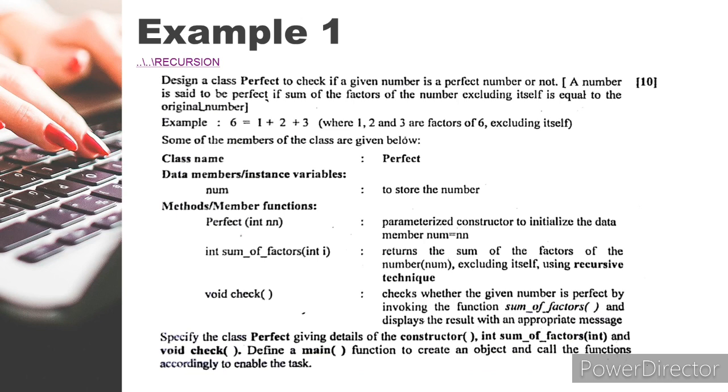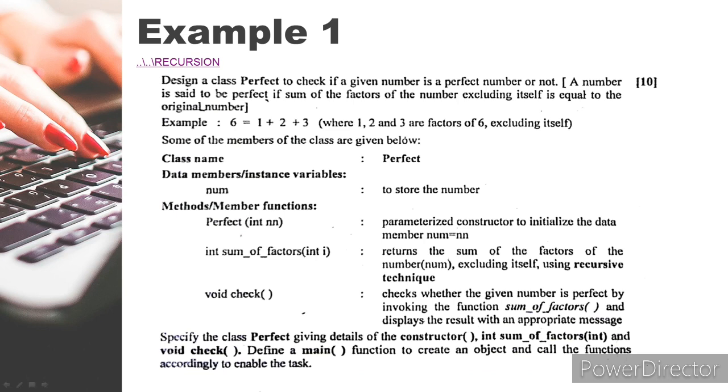If you concentrate on this program, you can find that we have to design a class named perfect. Data members are there. That means all 3 programs you will get from constructor. First, we have to create a parameterized constructor where the value of nn is assigned to num.